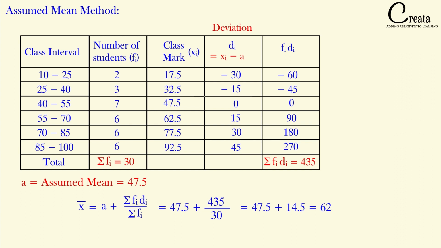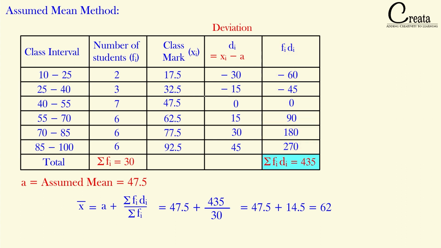Let's do the summary. We will use the assumed mean method when the value of our observation is very large. In those cases, we will take any of the middle value of the observation and we will assume it as assumed mean, which we will denote as a. And we will subtract all these observations with this assumed mean, that is a. Then we will find fi into di.